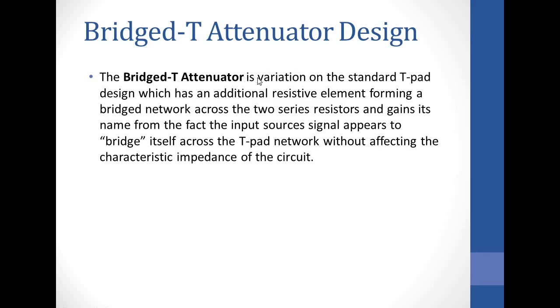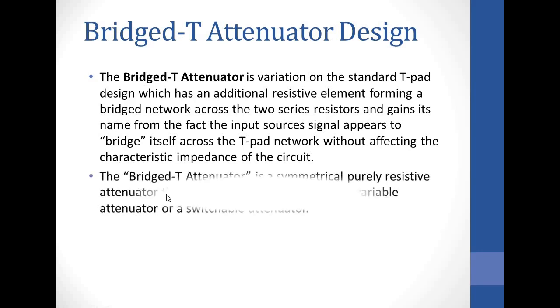So a bridged T attenuator is a variation on the standard T-pad design, which has an additional resistive element forming a bridged network across the two series resistors, and gains its name from the fact that the input source signal appears bridged across the T-pad network.